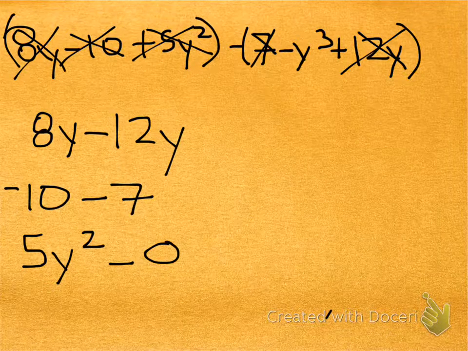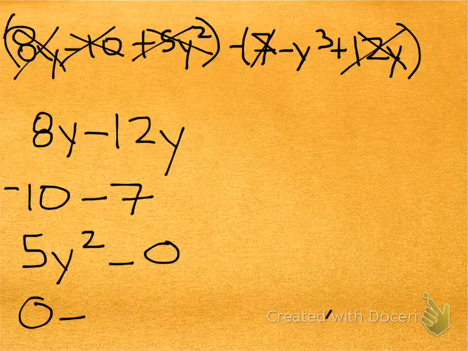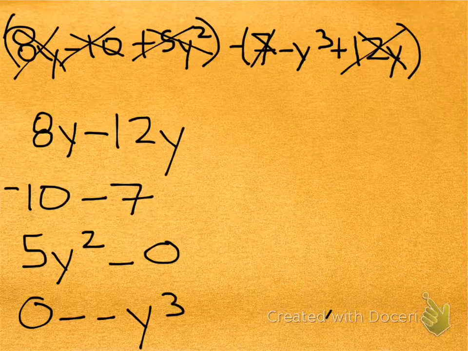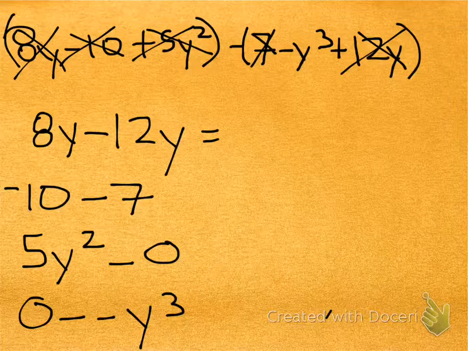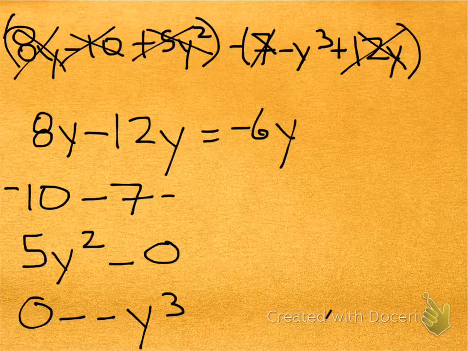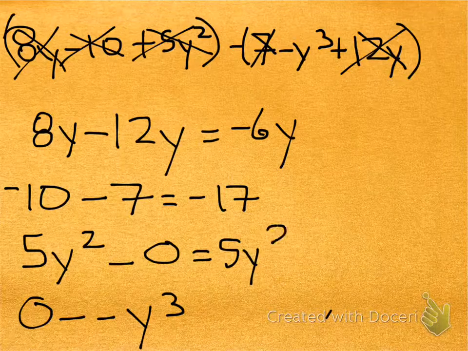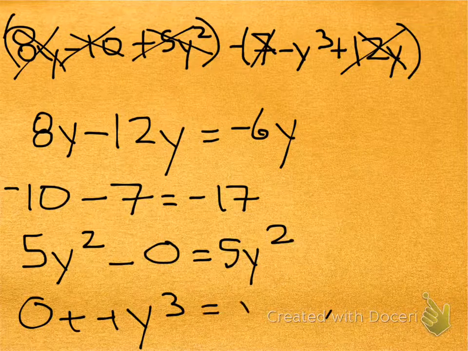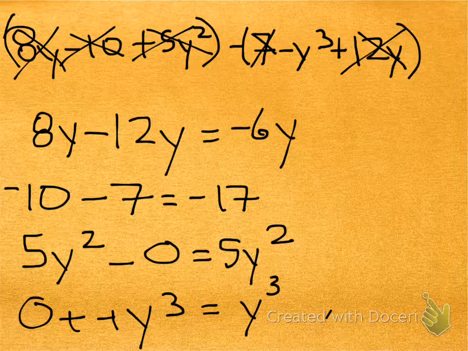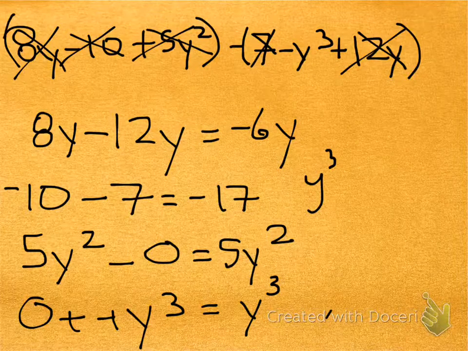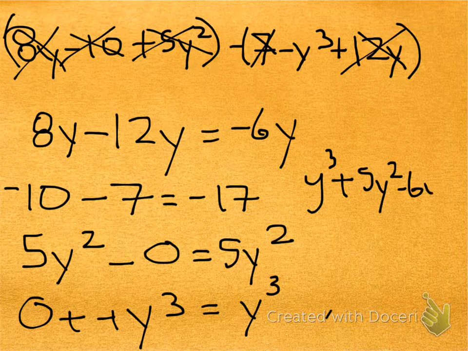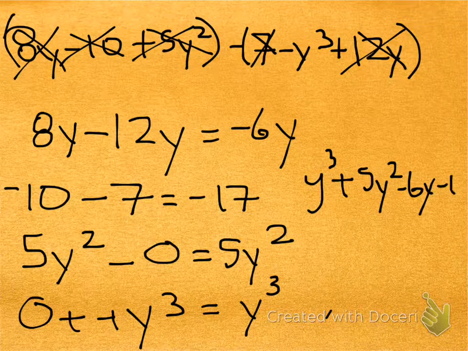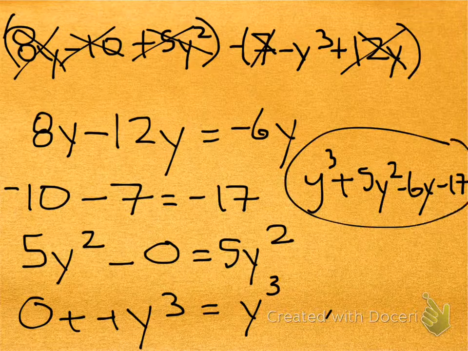And then it's 0 minus negative y cubed, because there's no other term. So we have negative 6y, negative 17, 5y squared, and positive y cubed. And now I'm going to put it in order from greatest to least. And that would be my final answer.